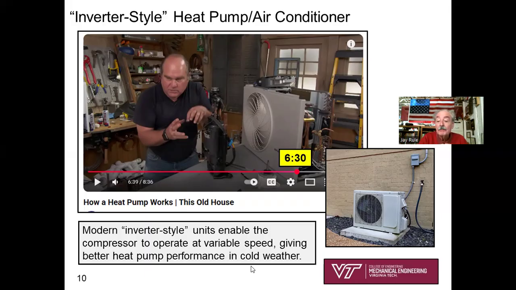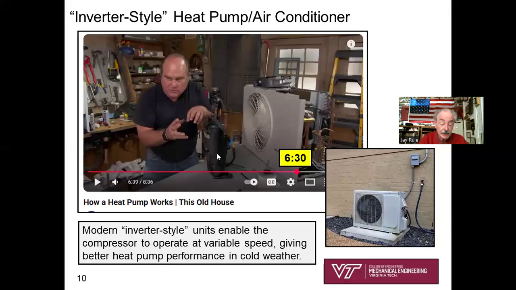because of the advent of very affordable microprocessors, an inverter style compressor, this is a scroll compressor, can operate at variable speeds. By enabling the compressor to operate at variable speeds, it helps to fine tune the mass flow rate of refrigerant to get that delta T closer from the refrigerant to the cold or hot space temperature.